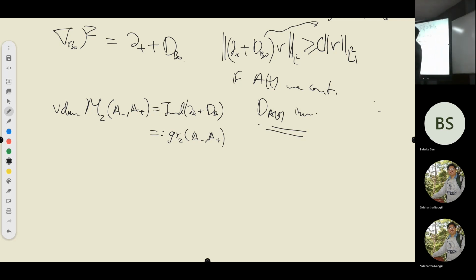Given a path space component and asymptotic limits A minus and A plus, we can talk about the relative grading, the relative index of sorts, which is just computed as the index of this linearized operator. And in favorable cases, when transversality holds, our operator is going to be surjective everywhere. So instead of index, you can call this the dimension of the kernel. Okay.